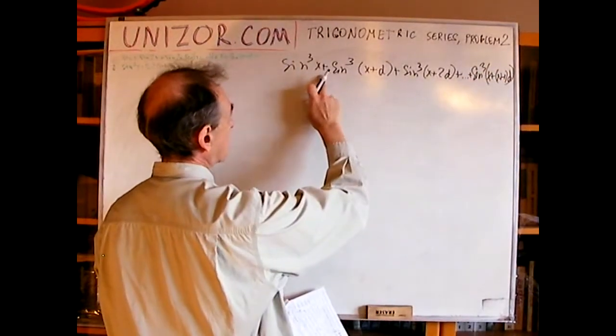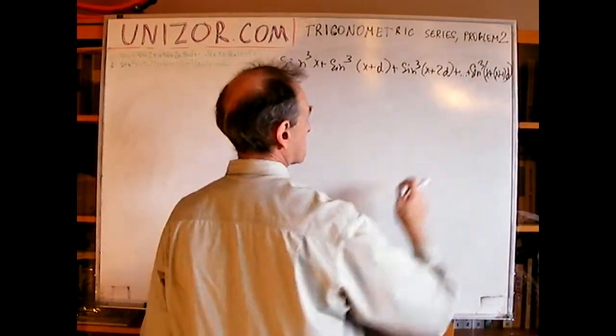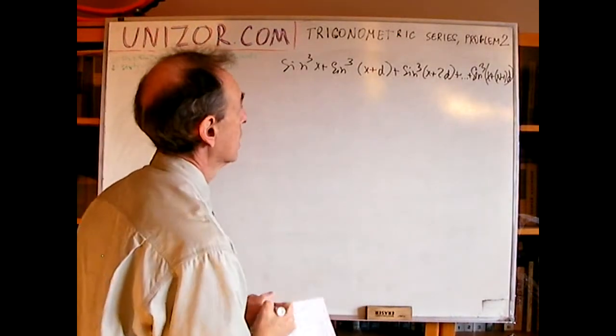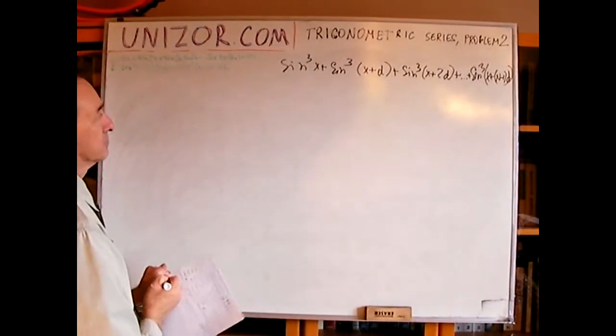So from x plus 0 d to x plus n minus 1 d, n members. And we have to calculate this sum.